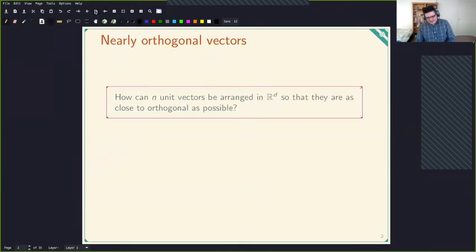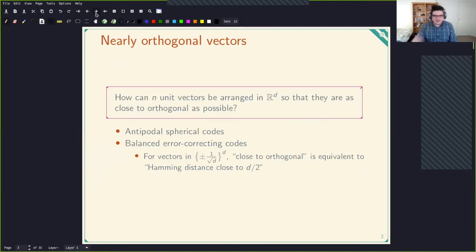So what I want to talk about is a question that's been asked in a number of different contexts: how can n unit vectors be arranged in R^d so that they're as close to orthogonal as possible? This type of question pops up in a few different places. One, these are called antipodal spherical codes.